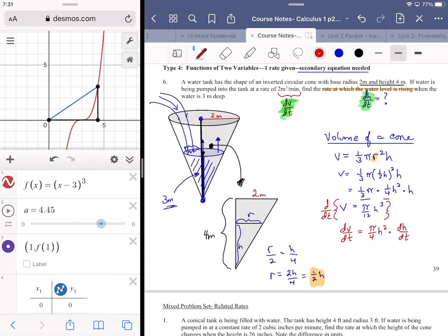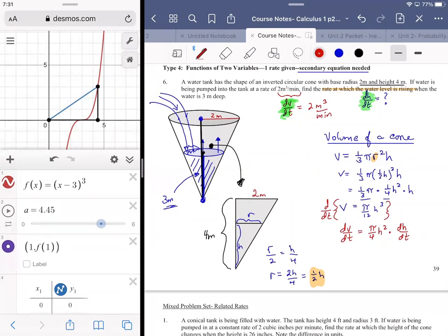They told us indirectly that dV/dt was equal to a positive 2 meters cubed per minute. I say indirectly related to the positive part because the water is being pumped into the tank, which means the water level is rising, the volume is increasing. All right.